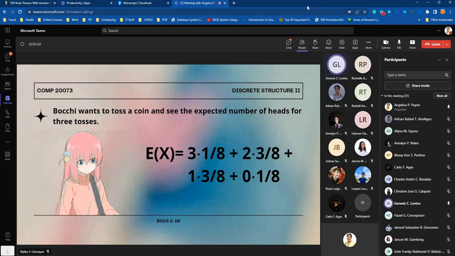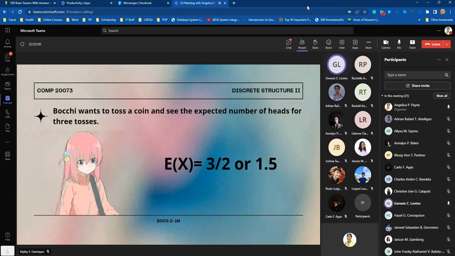So our expected number of heads would be, next slide. Ayan. So our expected number of values then would be 3 over 2 or 1.5.